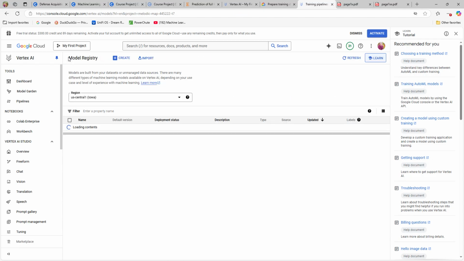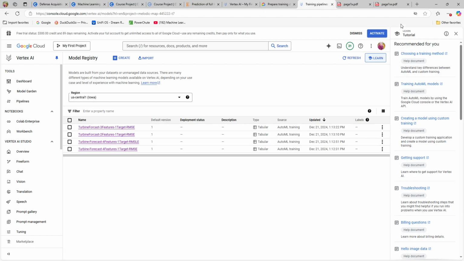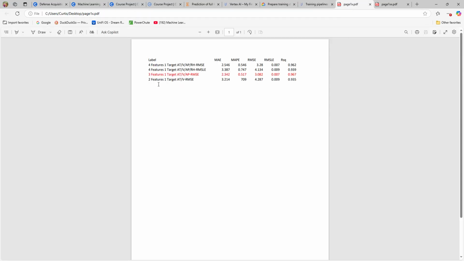From that, I took all the data and plotted it, and the 3 features, 1 target run actually had the best output for me, best R squared and the best MAE. That was the highest one, although it was fairly close, as you can see, to 4 features, 1 target. But 3 features, 1 target was the best run.